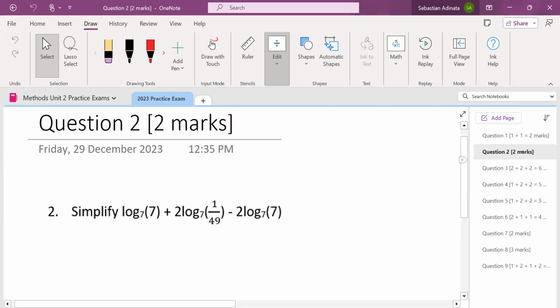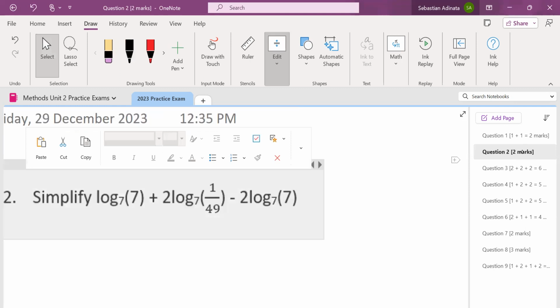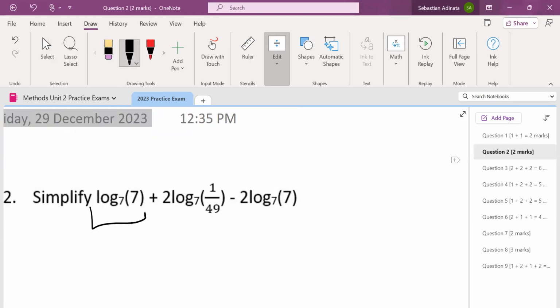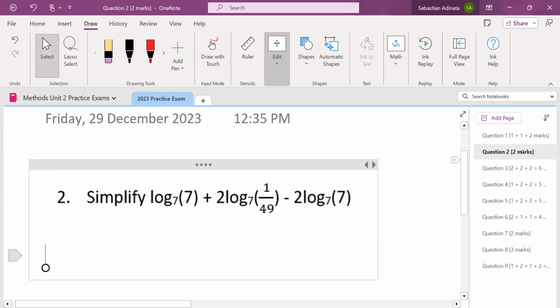Simplify log base 7, 7 plus 2 log 7, 1 on 49 minus 2 log 7, 7. Now, this is worth 2 marks, so a little bit of working will be necessary. What we can see is they all have base 7, so it's somewhat nice to us. Instead of combining them all at once, we might be able to simply simplify each one individually.